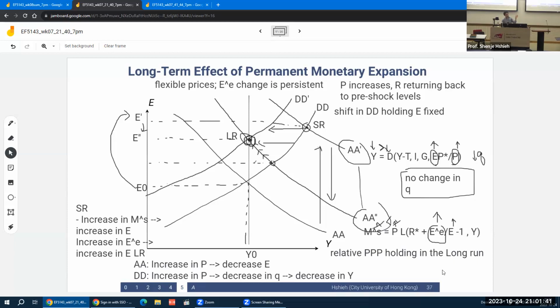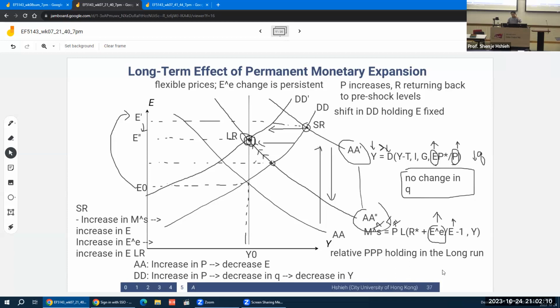So long run, you just have to think a little bit about what happens to prices. How does price change affect AA? How does price change affect DD? And then to identify the final resting point, you can also try to impose relative PPP, which we did. If E traces P by the same proportion, then there should be no extra output coming from the current account.